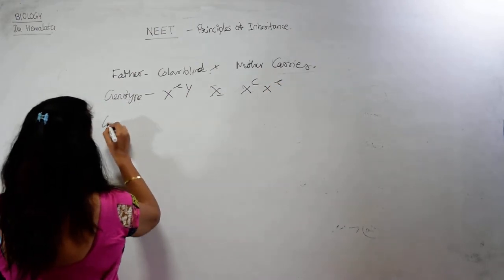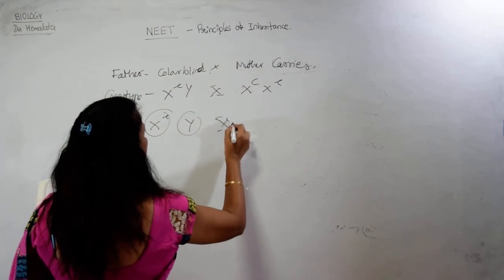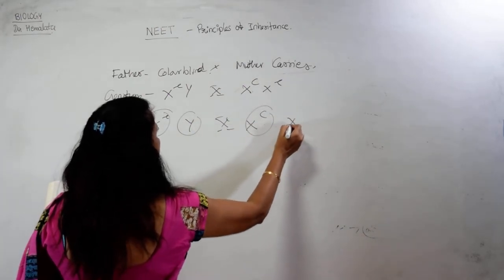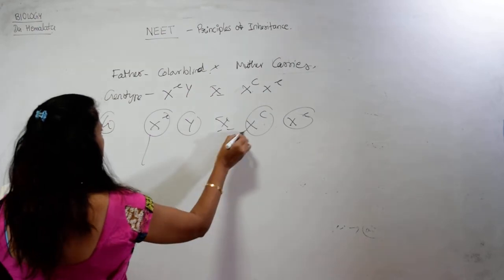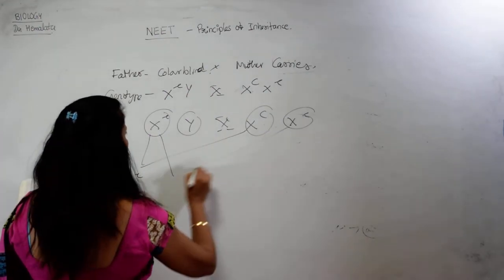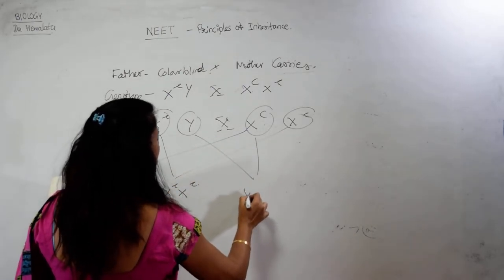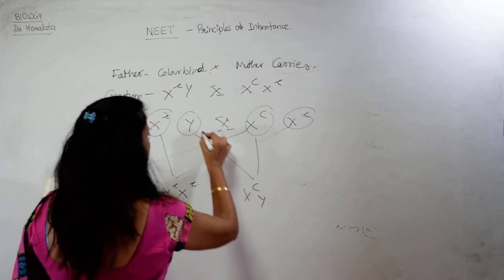Right? The crosses, gametes, X small c and Y. She will be X capital C and X small c. First combination, X capital C, X small c. Second combination, X small c, X small c. This combination, X capital C and Y chromosome.